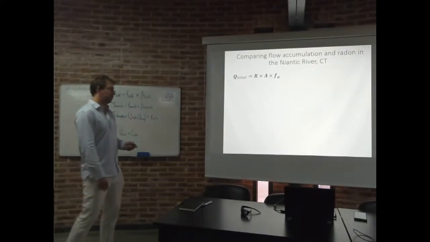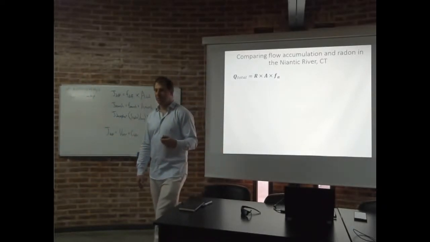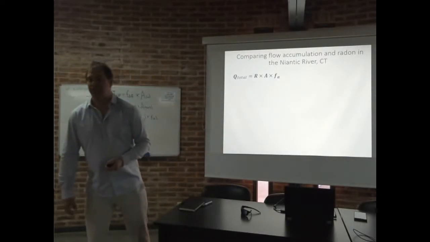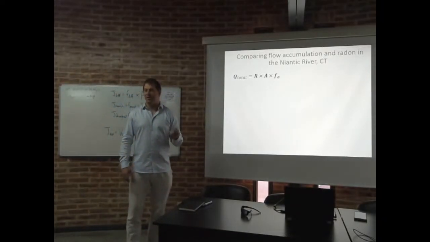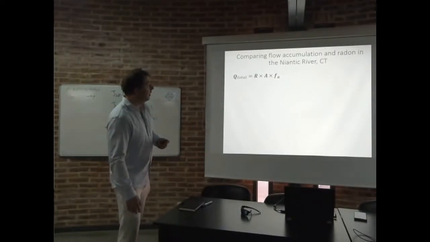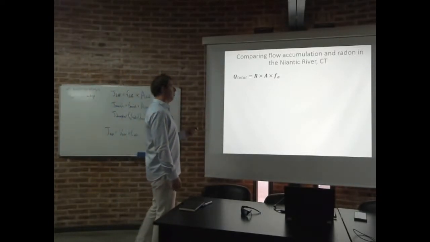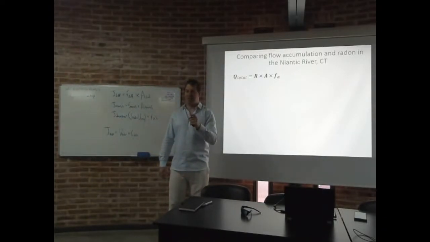So your recharge is your precipitation minus evapotranspiration minus runoff. Those things you can probably find in most areas. Runoff you can base on the USGS soil runoff curves if you want, to get your recharge per pixel.